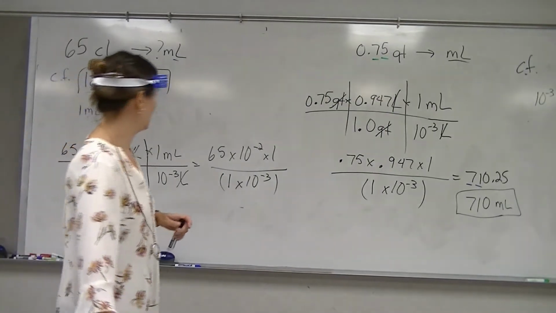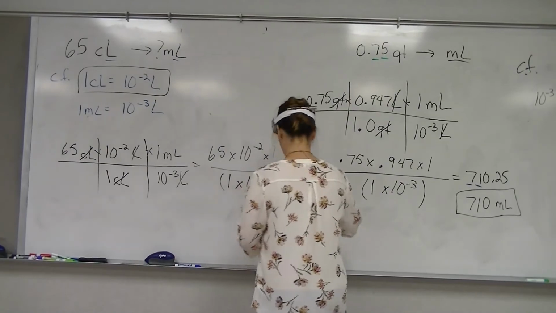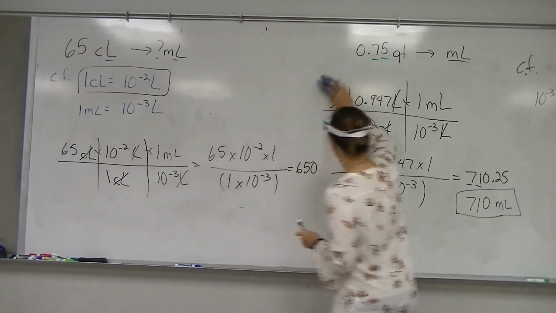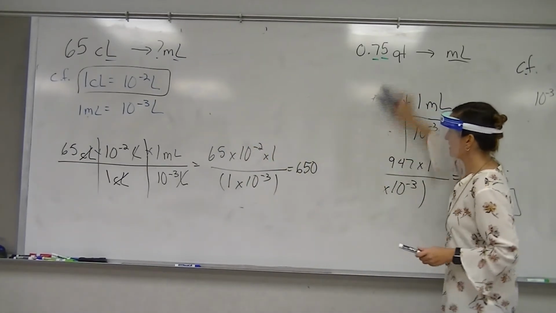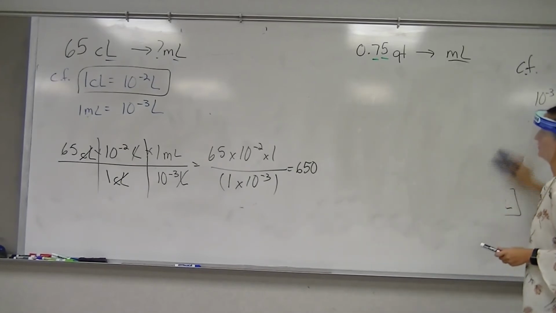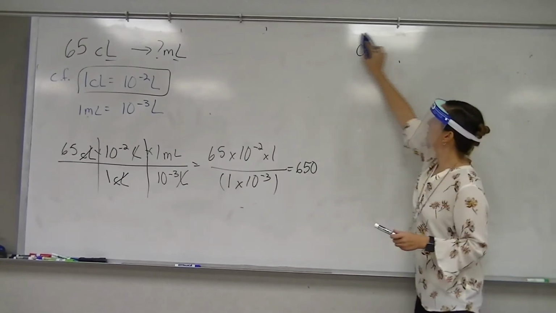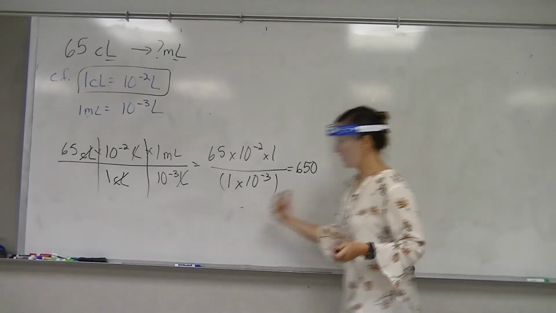I get 650. I think that's what my calculator spit out. Is that the correct number of sig figs? The zero doesn't count.